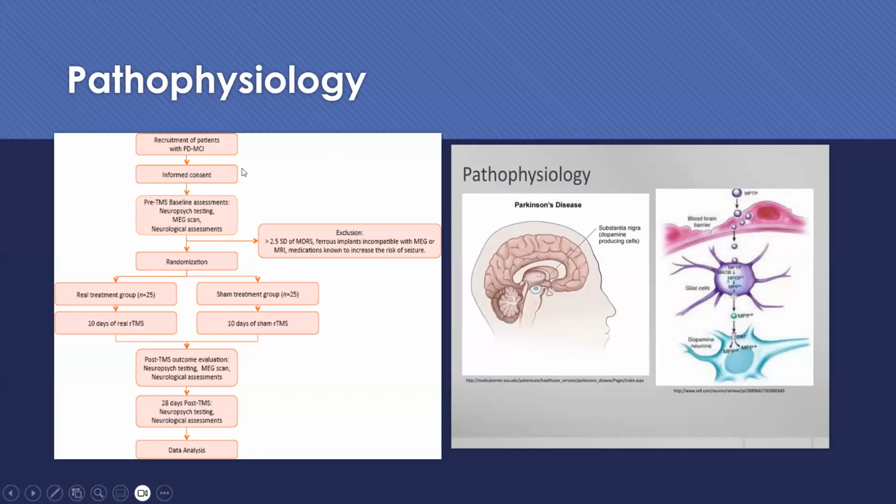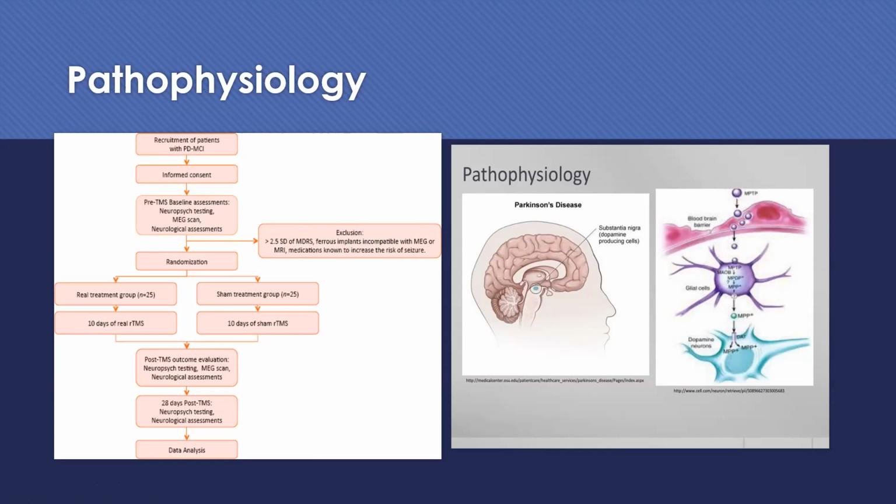The first step is the recruitment of the patient with Parkinson's disease, informed consent, and pre-TMS baseline assessment, neurotesting. Exclusion criteria include incompatible implants, and medication known to increase the risk of seizure.